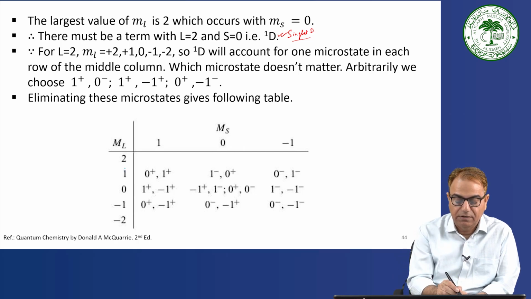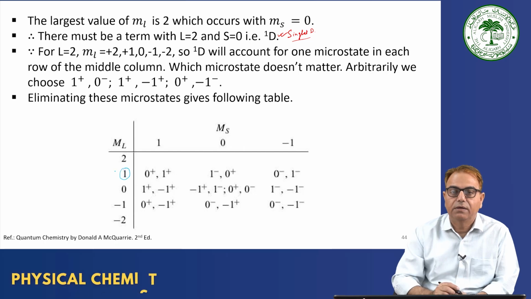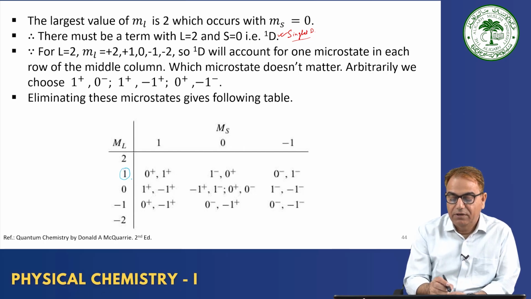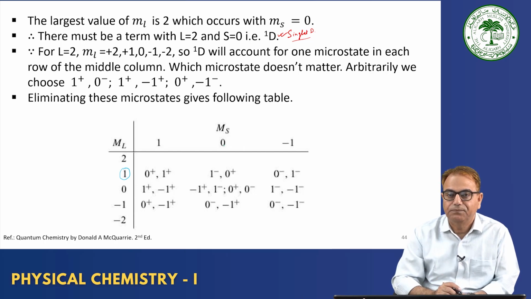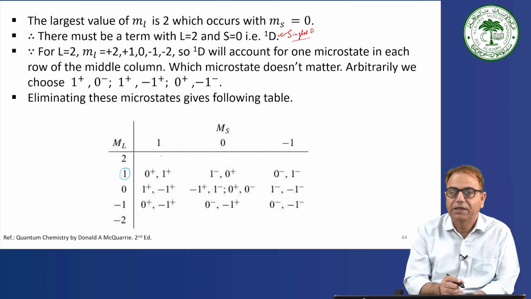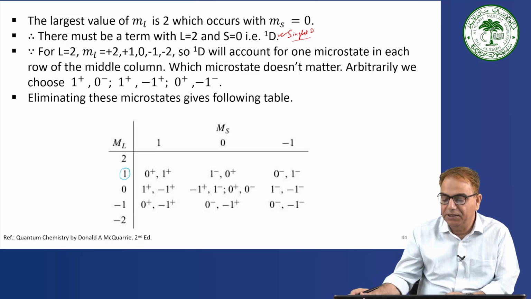The largest value of ML here is 1, and then you have MS values +1, 0 and -1, all 3. So the largest value of MS is also 1. You take the largest value of ML and the largest value of MS, and corresponding to 1 the spectroscopic symbol is P. If S is equal to 1, 2S plus 1 will be 3. So the term will be triplet P.